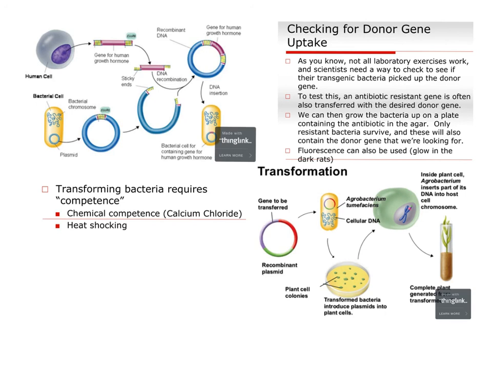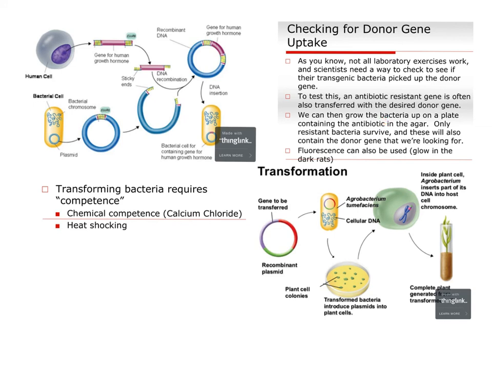Now, there are a few catches with this. Not all laboratory exercises work, and scientists growing bacteria in a lab can't just look at the bacteria and say, yeah, that one will produce the human growth hormone that we need. So what they will usually do is insert two genes for the price of one here.